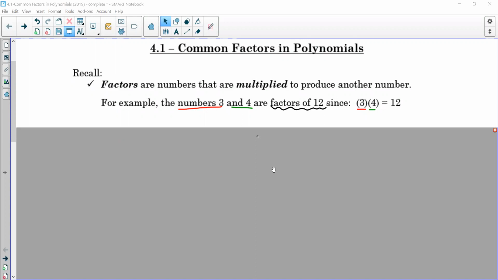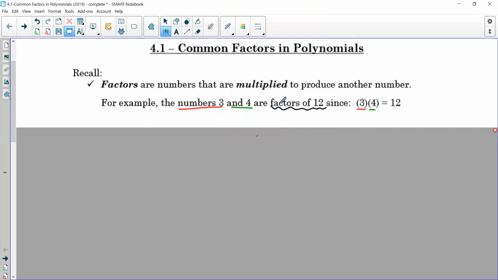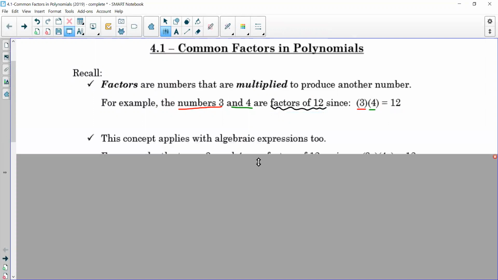So common factoring, first of all, factors involve multiplication. So when you talk about factors of 12, you're looking at two numbers that when multiplied together give you 12. In actual reality, you can get more than two numbers multiplying together to give you 12, but we're just going to be taking a look at two for other principles we're going to be looking at later on.